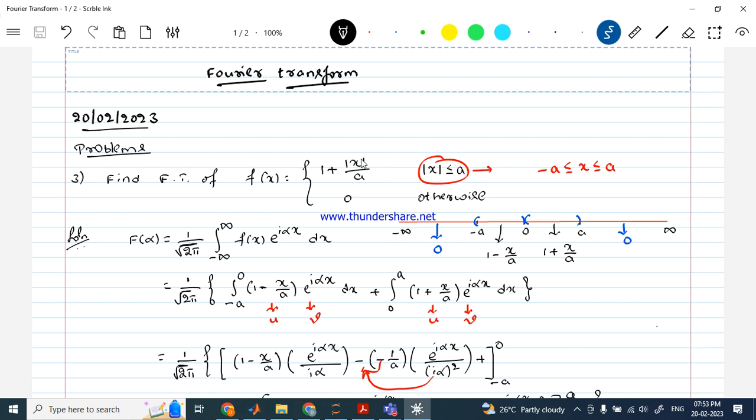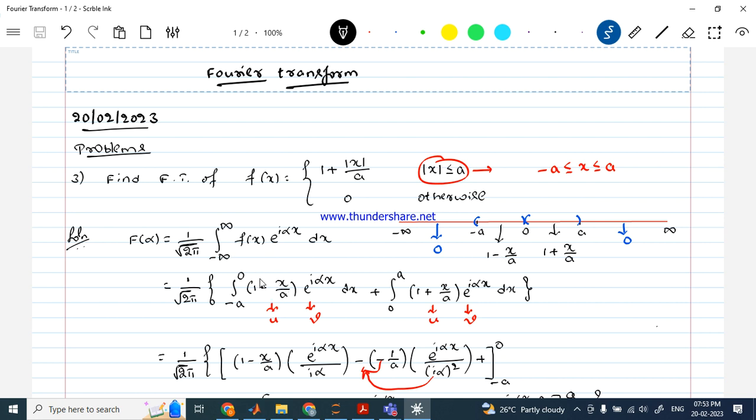To convert the negative number to positive, mod x becomes minus x in the negative part of x, and for positive values of x it is taken as plus x. So it's 1 minus x by a here, and here it is 1 plus x by a.